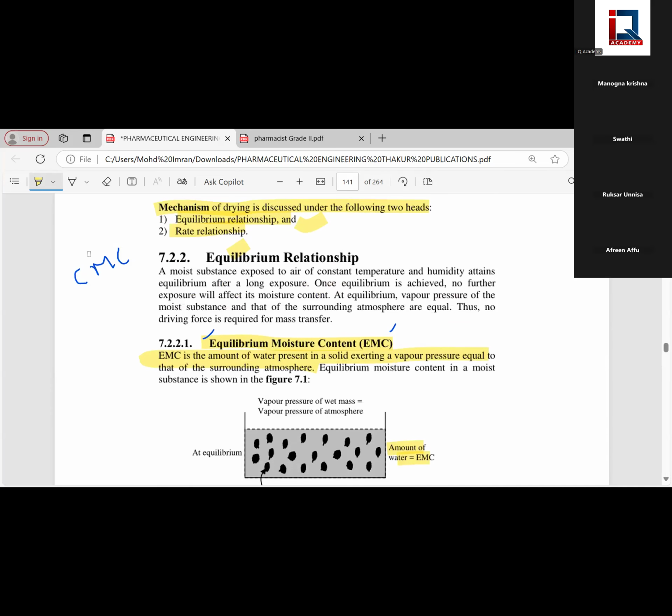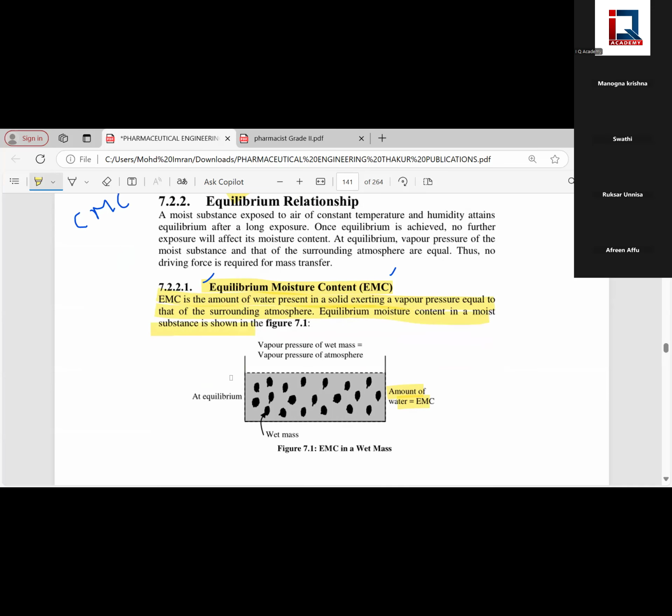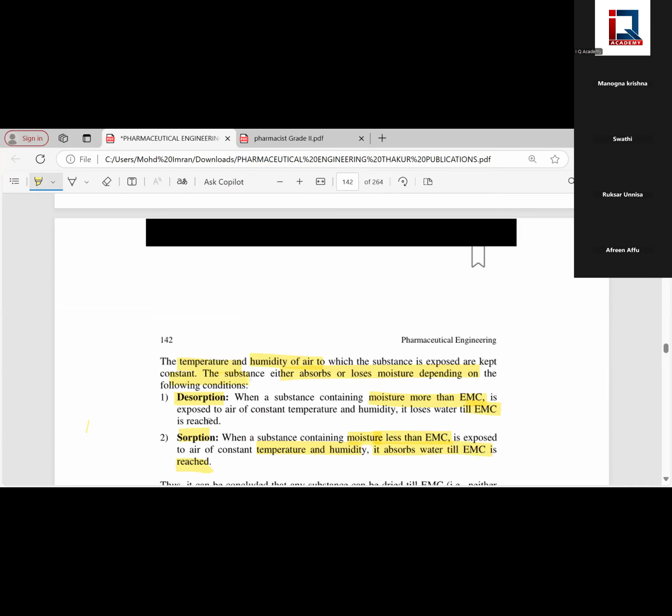I'm repeating again: the equilibrium moisture content is the amount of water present in a solid, any drug which we are drying, exerting a vapor pressure equal to that of the surrounding atmosphere. So its moisture should be equal to the atmospheric moisture.